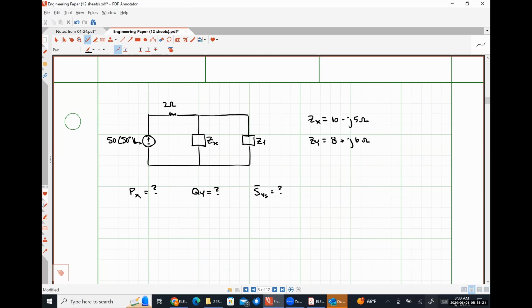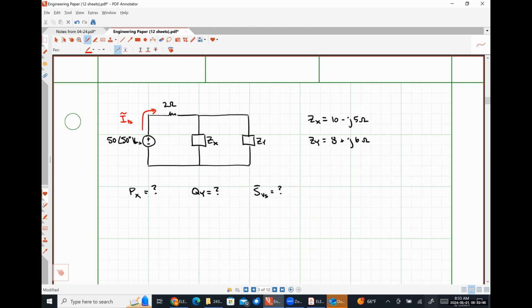So in order for us to find the total complex power supplied by our voltage source, we are going to need to know the current that's flowing into the negative polarity terminal of our voltage source. So I'm going to call this IVS, and it has this particular direction. So that's one thing that we're definitely going to have to figure out in the process of solving this problem, okay?